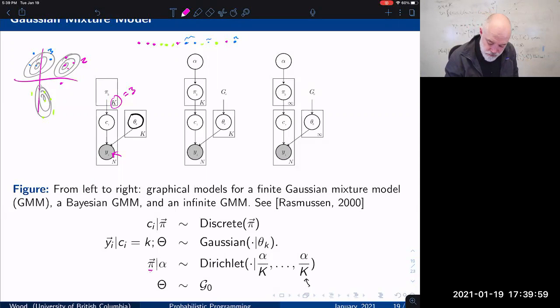So in other words, if you set k to be equal to however many data points you have, so if you set k equal to n, right, then you could potentially have n different clusters, right?